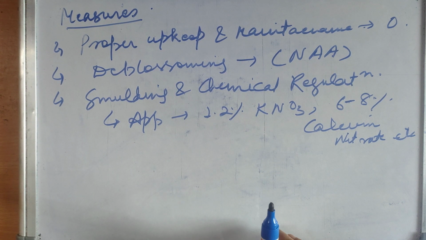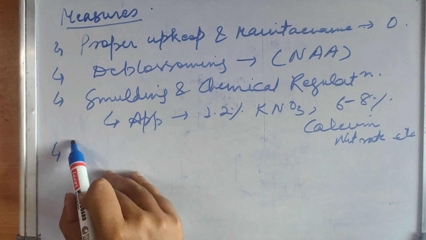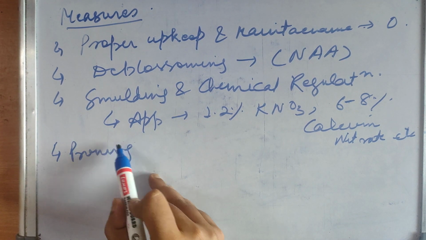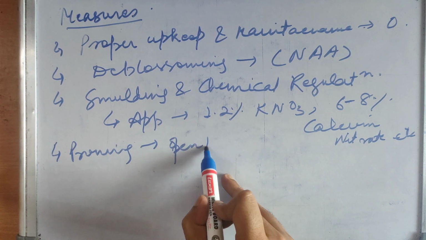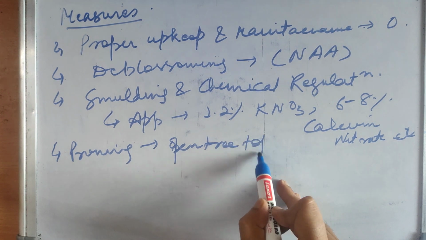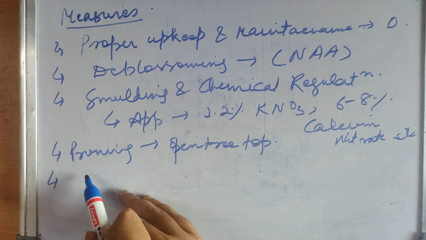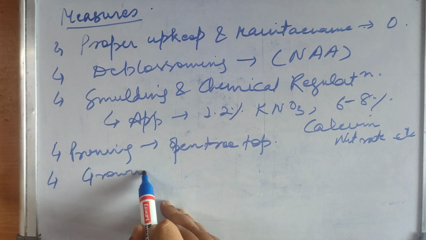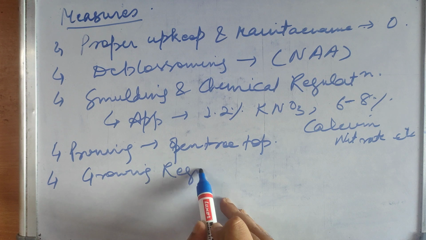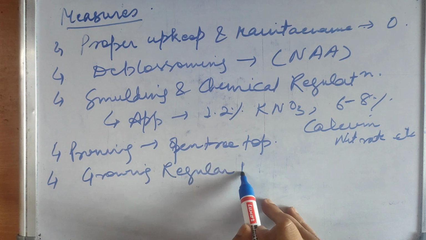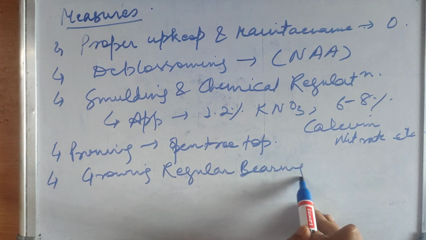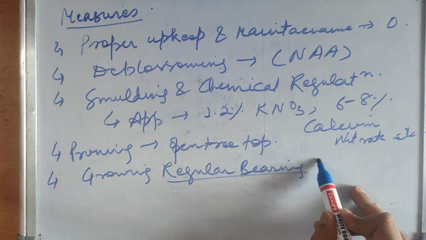Pruning and opening tree tops properly. We will do pruning to open the tree top properly so that sunlight reaches every part. Growing regular bearing varieties, that is, they bear every year.